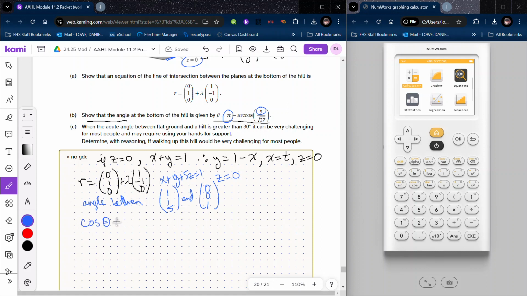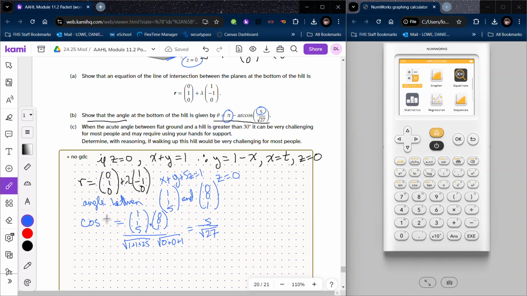Remember that the cosine of theta is going to be our dot product, (1, 1, 5) dotted with (0, 0, 1), all over the square root of 1 plus 1 plus 25 times the square root of 0 plus 0 plus 1. And 1 times 0, 1 times 0, 5 times 1, so that clearly gives us the 5 for the numerator, the root 27 in the denominator.